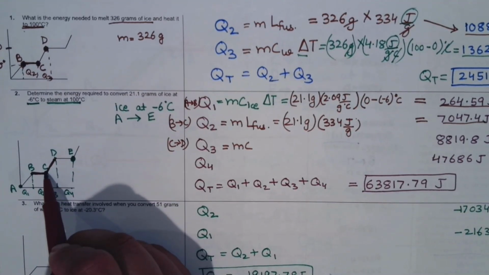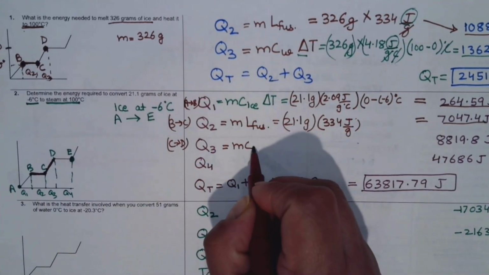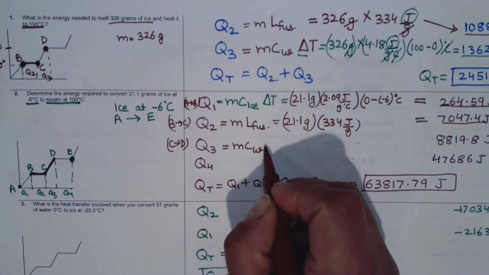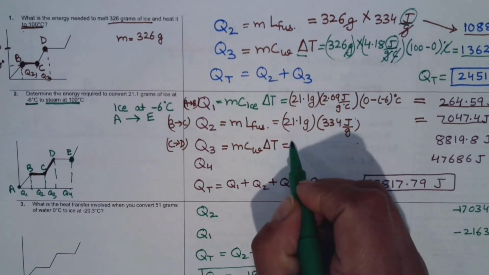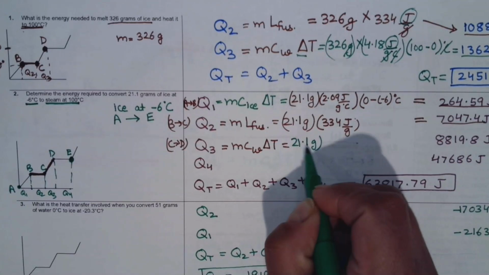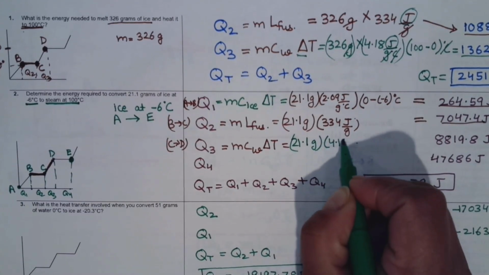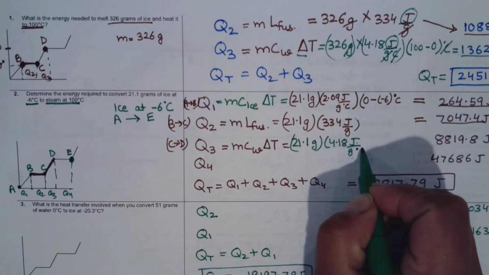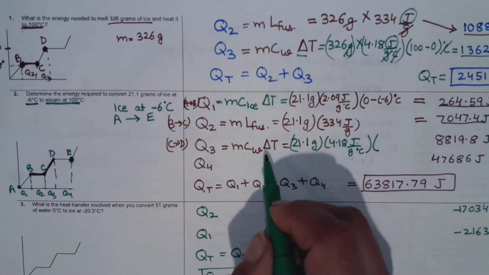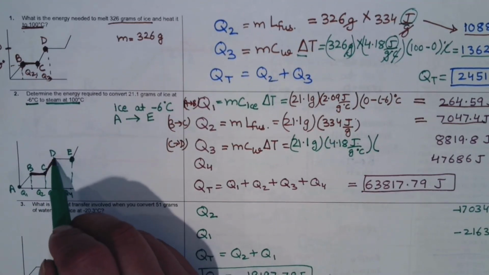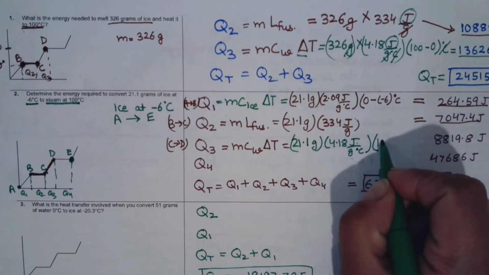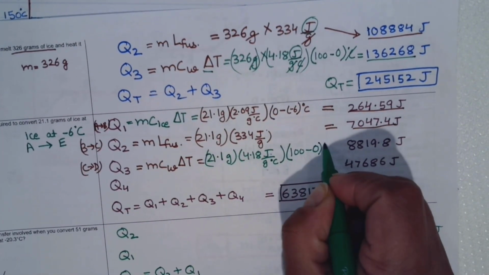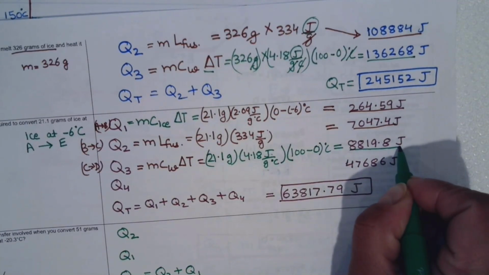Now since at C and D we have liquid water, we are going to use the specific heat of water, right, times delta T. This is equal to 21.1 grams times 4.18 joules over gram Celsius times delta T. Now since the final temperature is 100 at D and at C it was 0, that would be 100 minus 0 degrees Celsius, and you get this number right here.